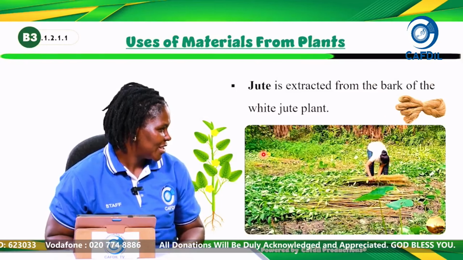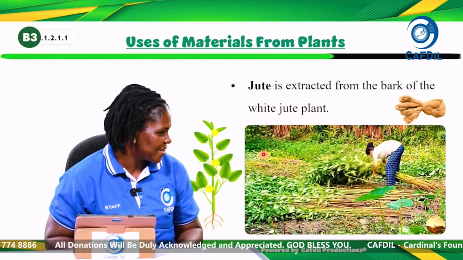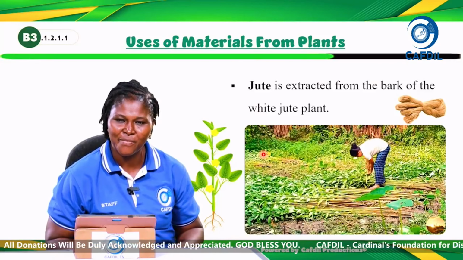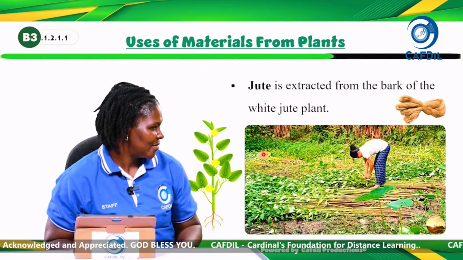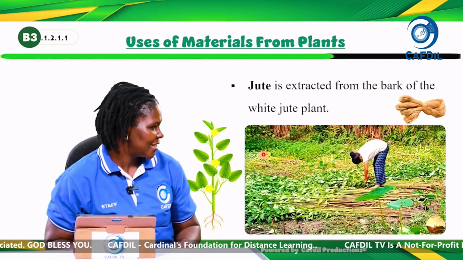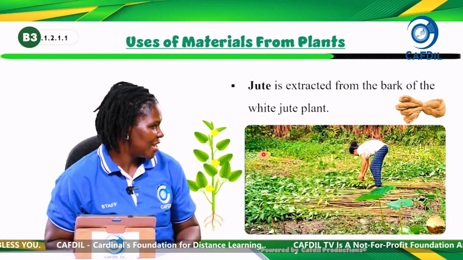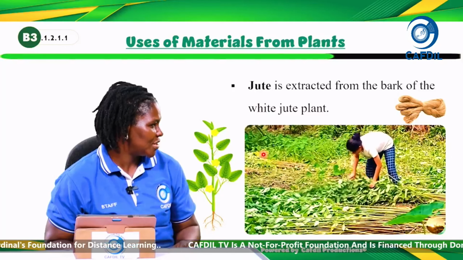So she's tying it. As for them, they don't use the leaves. They use the stem to prepare the jutes. Let's look at it. He's tying it. This is how we extract jute from the jute plants.